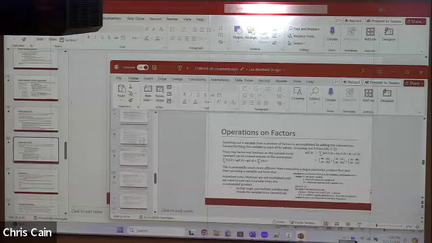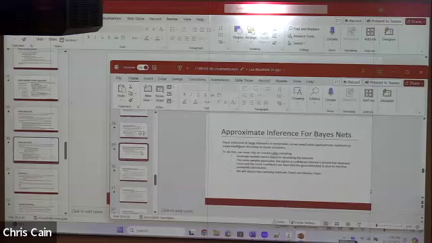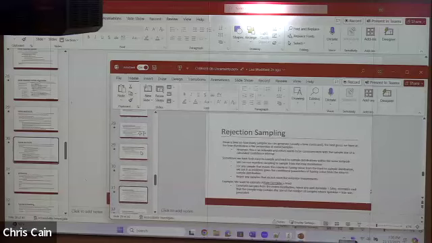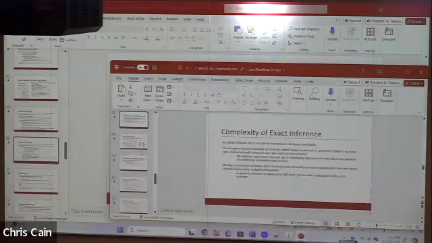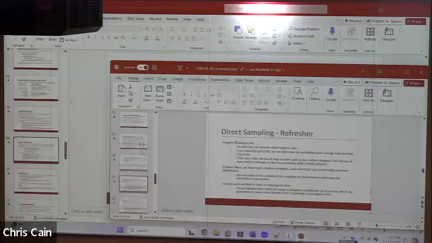Where did we end up talking about Monte Carlo sampling? Exactly, so after exact inference. There we go, sampling before importance sampling. Must be.